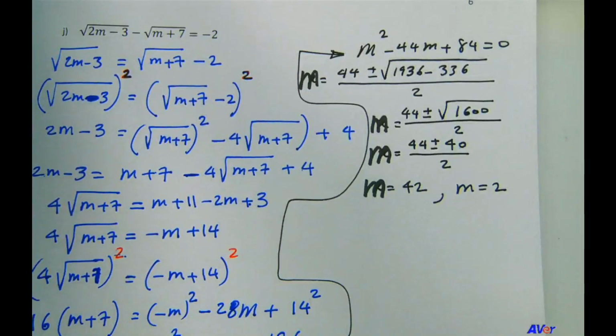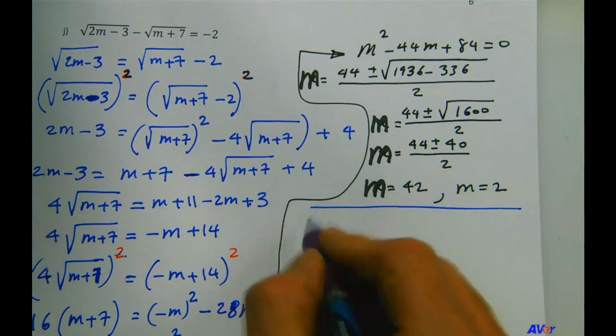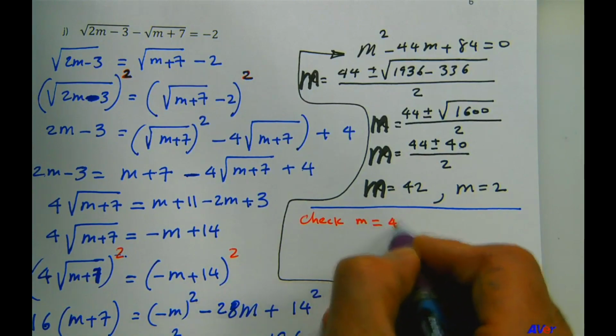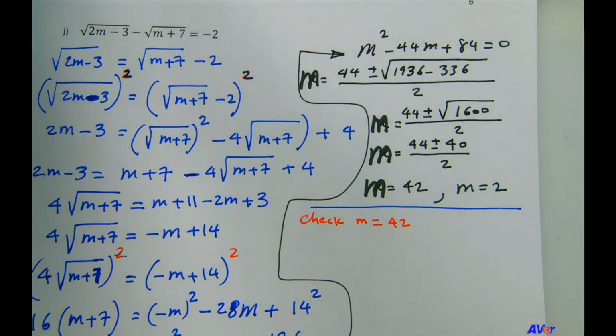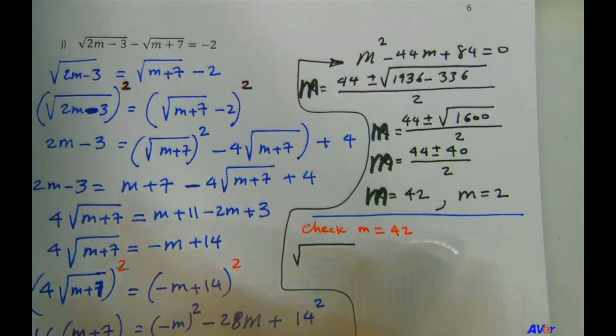Should we accept these? No, right? We need to check. So let's do that. Let's check the 42. Check m equals 42, right? And then we're going to plug in the square root of, this time you can see the expression right there.